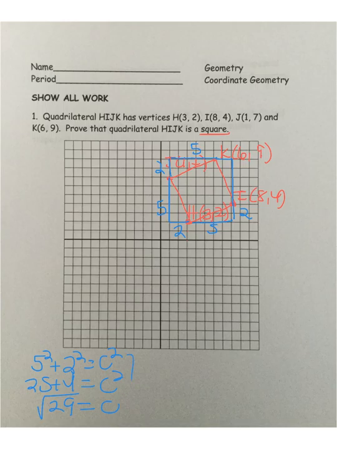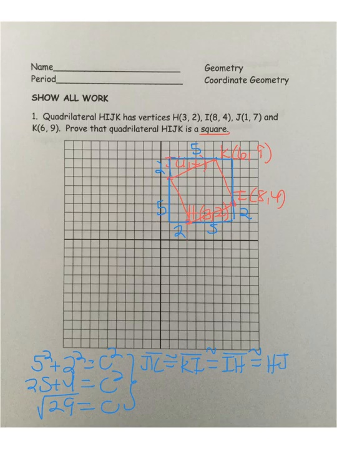That means JK is congruent to KI, which is congruent to IH, and that is congruent to HJ.